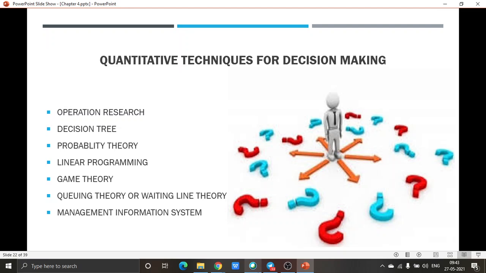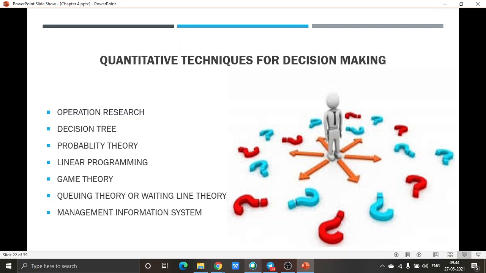Now if you go through your syllabus, there is something called quantitative approach. The heading is different approaches of decision making, and in that the first one is quantitative approach.